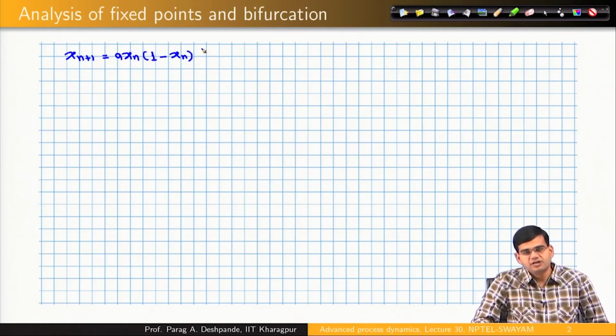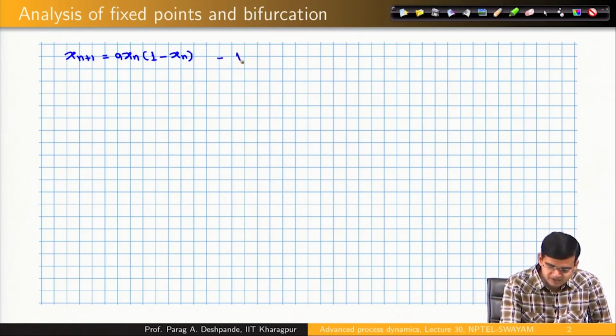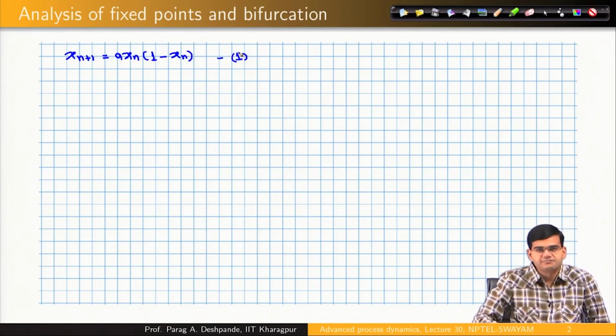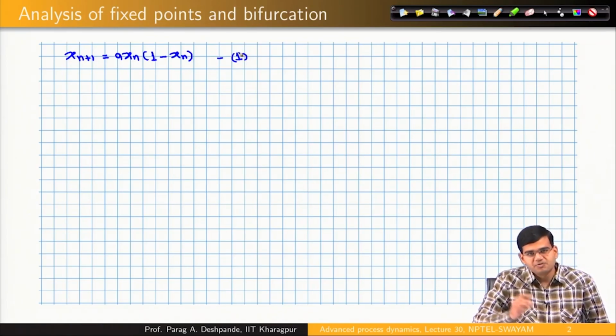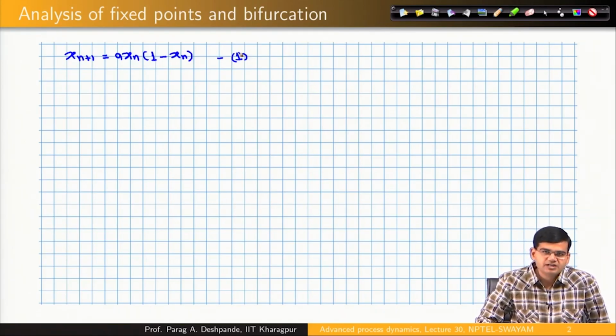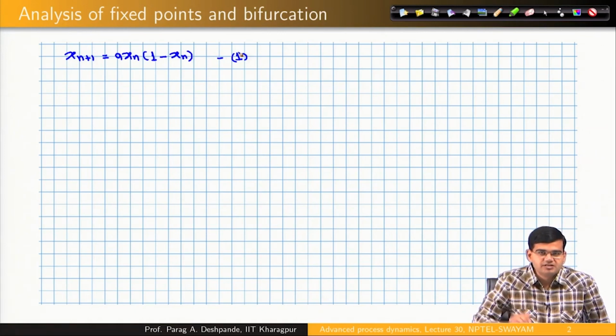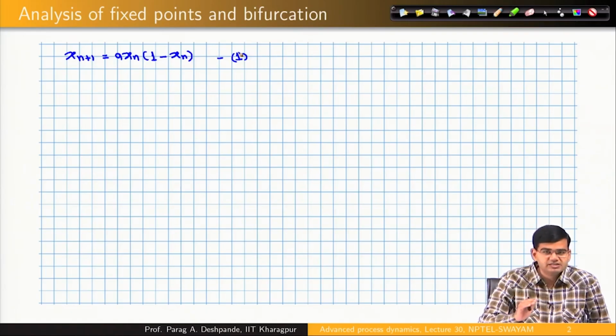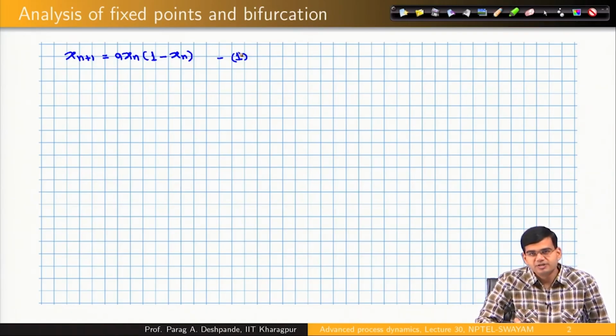The first thing that I would like to do is to determine the fixed points of this population. The corresponding equilibrium solution concept exists for the continuous domain, and we know that for the continuous domain equation there are 2 equilibrium solutions. So, if we model the system in discrete time domain, I should get 2 fixed points. Let us see if that happens.